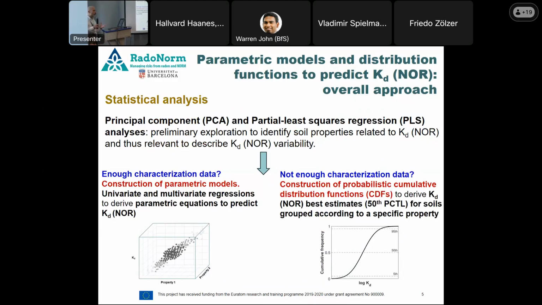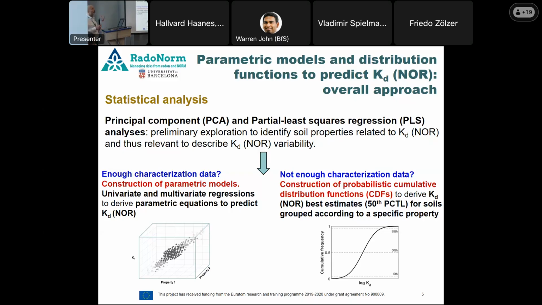Once those soil properties were properly identified, we followed two different tracks. The first track is that we have enough characterization data from those entries in order to play the game of creating parametric equations.